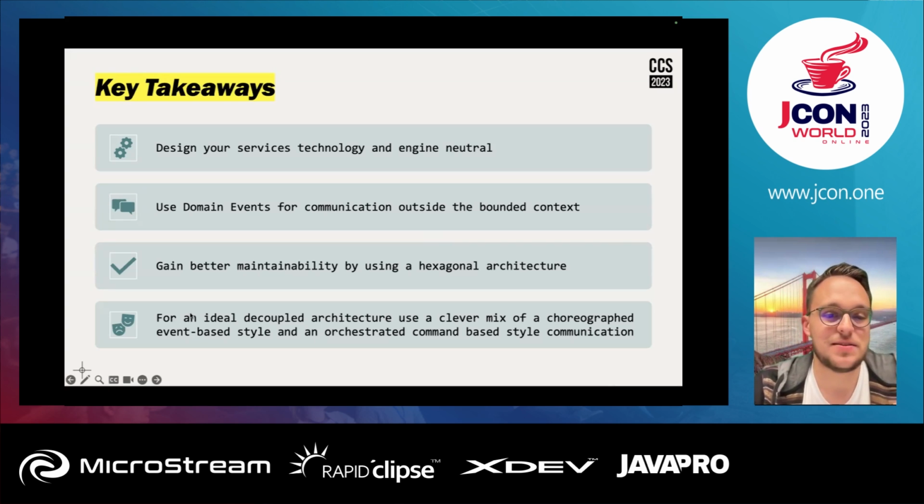And last but not least, for an ideal decoupled architecture, both are important, choreography and orchestration. It's not a choice you need to make, whether it's using Kafka or some kind of orchestrator. You can use both to really decouple your system as you like.